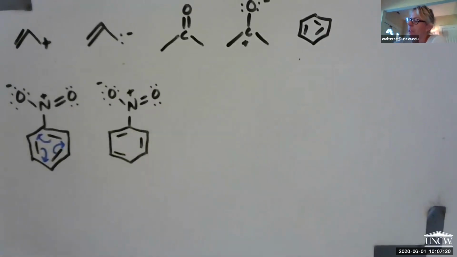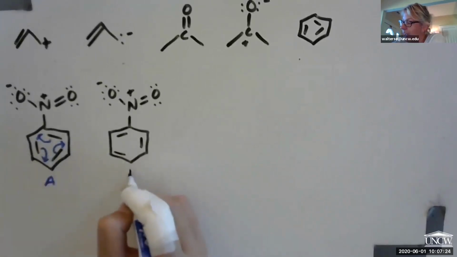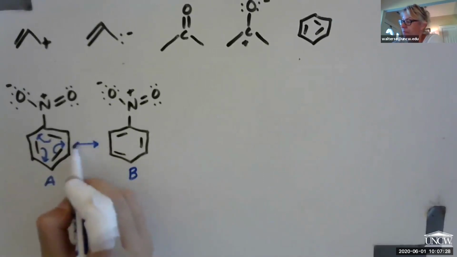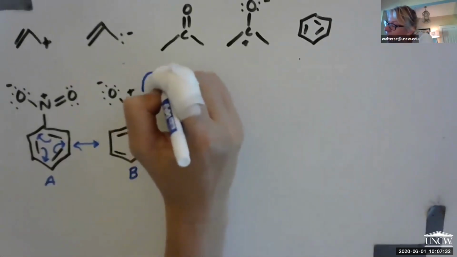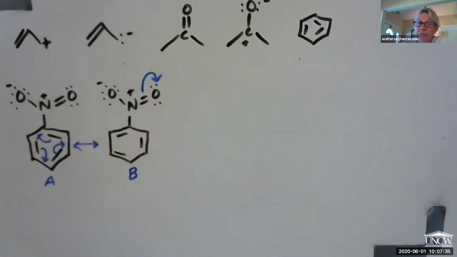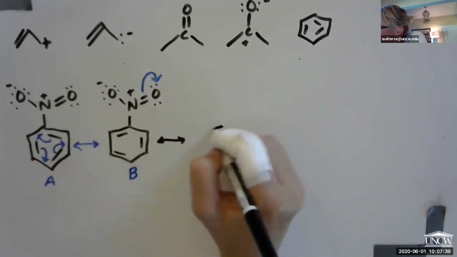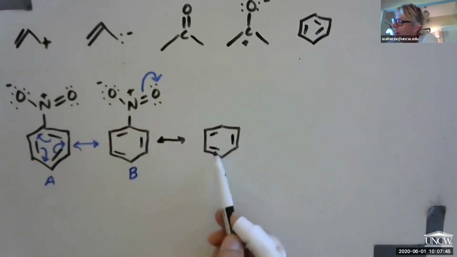Okay, so this is structure A. I drew arrows on A, and I made B. Right? Now I can do some more. Now this isn't necessarily going to make a great Lewis structure, but it's possible. And since I didn't do anything in B down here, I have to leave the ring as is.